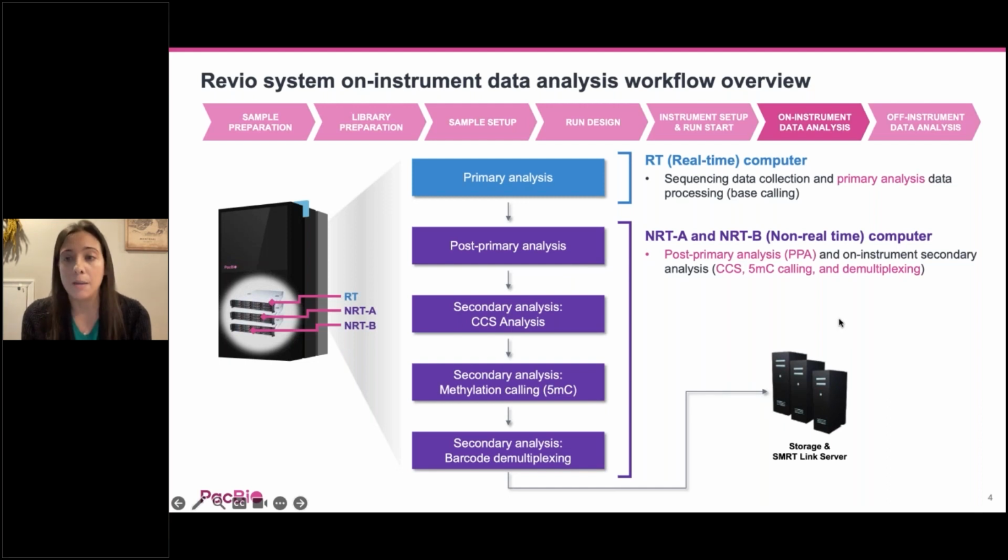These are non-real-time computers, and they're responsible for the post-primary analysis processes and the on-instrument secondary analysis, which includes circular consensus sequencing, or CCS, which is used to generate your HiFi data, 5mC calling, and demultiplexing by barcode. Once these processes are complete, the data is then transferred off of the Revio and onto your storage and SMRT Link server.